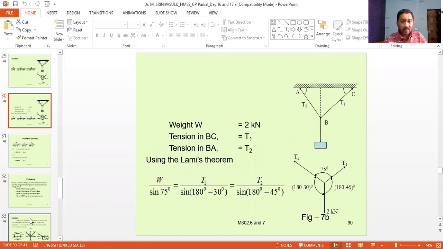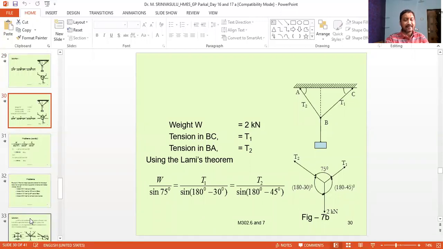Now by Lami's theorem we know that W by sin 75 is equal to T1 by sin (180 minus 30), and T2 by sin (180 minus 45). Before that we will draw the force diagram.